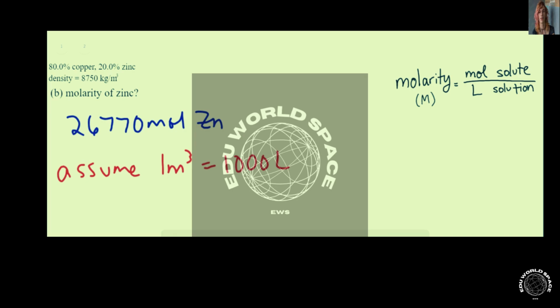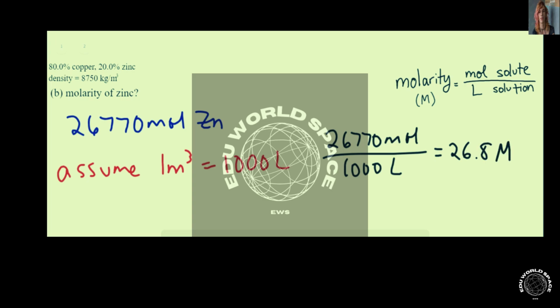And so we're able to write the molarity as 26,770 moles divided by 1,000 liters, and find that this is equal to 26.8 molar, capital M, zinc, where molar stands for moles for every liter.